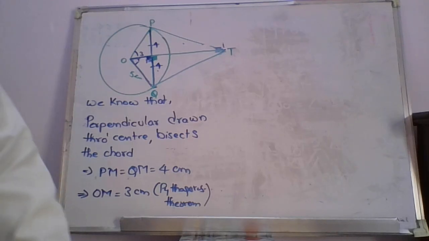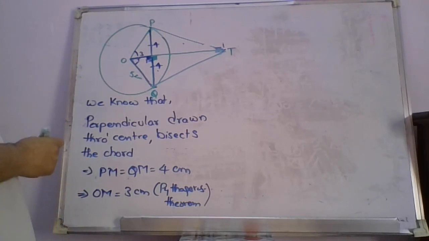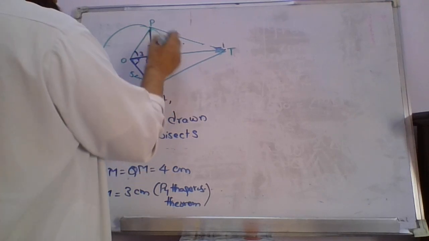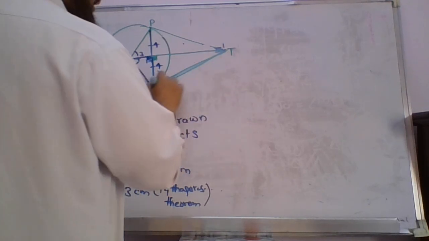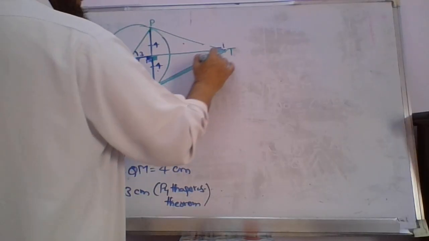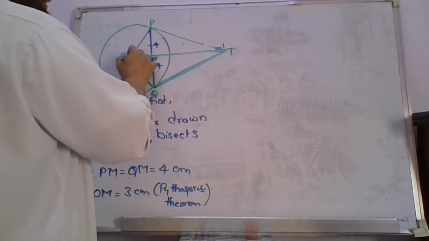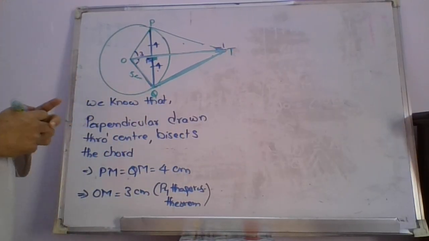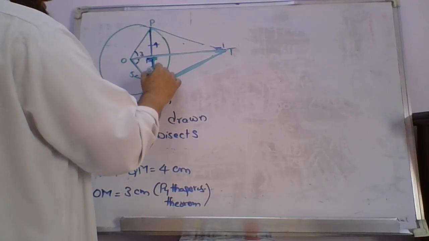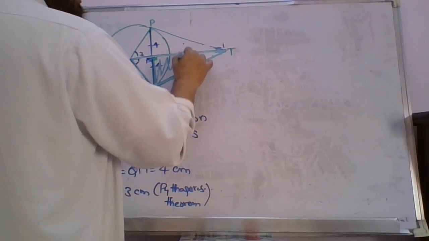Now what to do? So now you take these two triangles, because I have to find out QT, right? QT or PT, both are same. So when I see QT, I have QT common in this right angle triangle, and also it is common in this right angle triangle also.